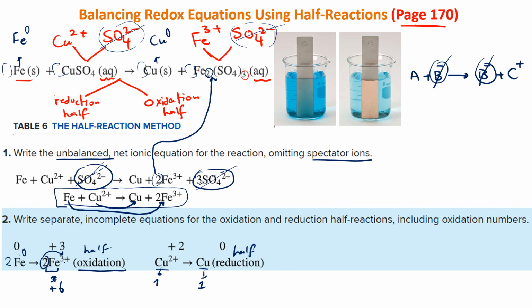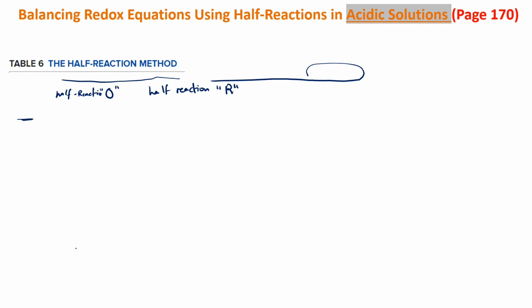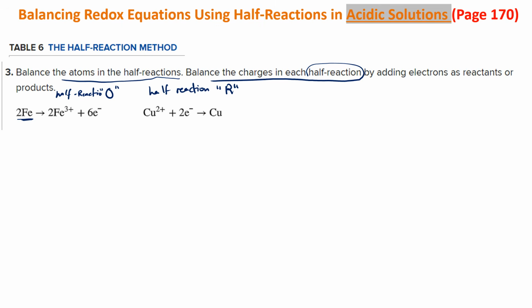Now this is oxidation. Oxidation معناها الإلكترونات تكون برا. So have a look here. Because this is oxidation, the charge here is plus 6. Remember? 2 ضرب الشحنة اللي فوق. وهني 0. إذا ضفنا 6 إلكترونات كم بتصير الشحنة اللي هني؟ plus 6 minus 6 equals 0.